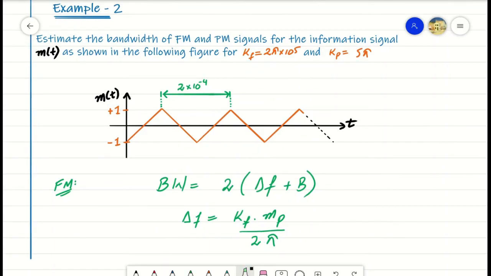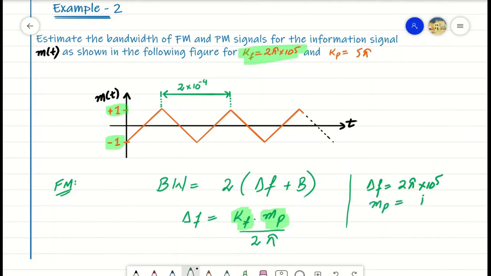So in order to obtain the peak frequency deviation for the case of frequency modulated signals, we require the value of kf, which is provided as 2 pi into 10 raised to the power 5 in this example, and we require the peak amplitude of information signal, that is plus 1 and minus 1 for this example information signal. That is, we are given kf equals to 2 pi into 10 raised to the power 5, and we have the peak amplitude of information signal equal to 1.